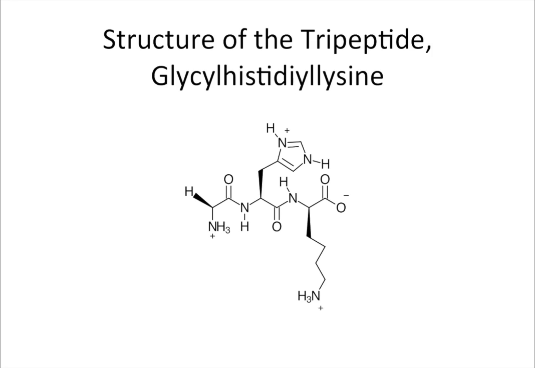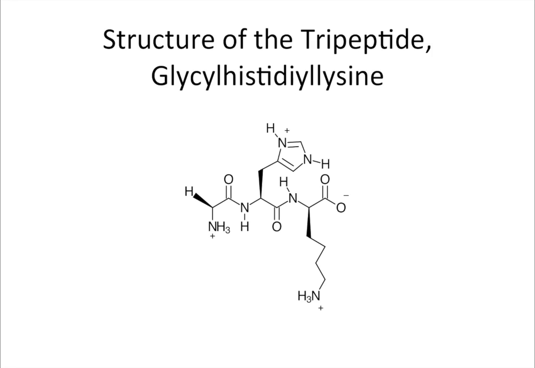Okay. So, getting to the formation of peptides and how peptides are named, essentially peptides are named from left to right. If you look at this peptide, we have glycyl, so we have a glycine group on the left.